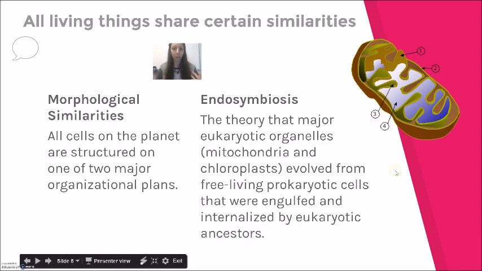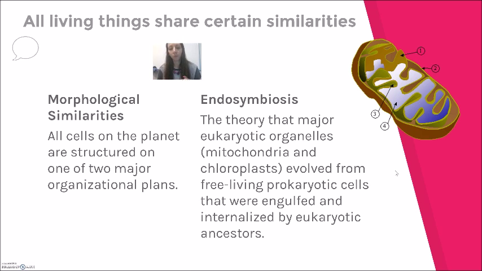That's the theory that major eukaryotic organelles, like mitochondria and chloroplasts, evolved from free living prokaryotic cells that were engulfed and internalized by eukaryotic ancestors. Some of the evidence for this is the fact that mitochondria have their own DNA, and mitochondria and chloroplasts have a double membrane like many early prokaryotes did as well.